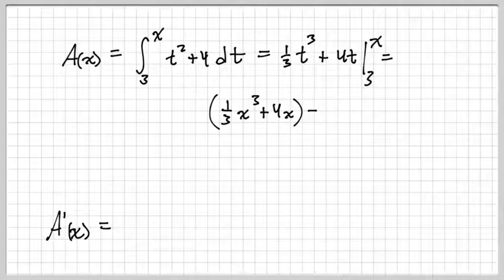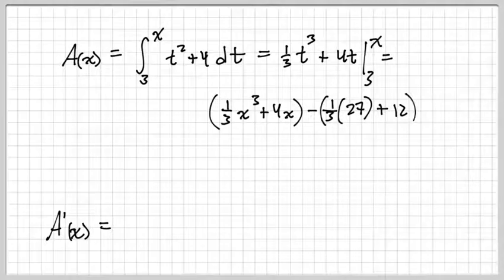Minus, now I've got to plug in the lower bound. We have 1/3 times, what is that? 27. 27 plus 12. Make sure you use parentheses, especially because there's always a subtraction here. You need to make sure you distribute it if you are simplifying it.